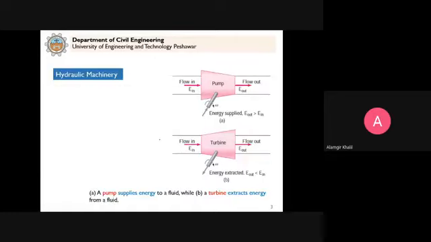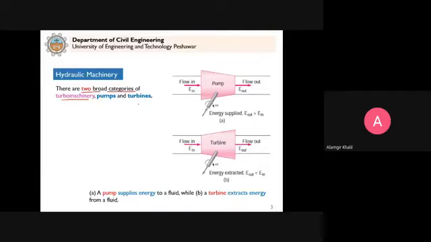Before we start the turbines in detail, we already know that there are two broad categories of turbo machinery. As you see, in turbo machinery there is a rotating element which we call a rotor. Rotor is a general name. Clear?